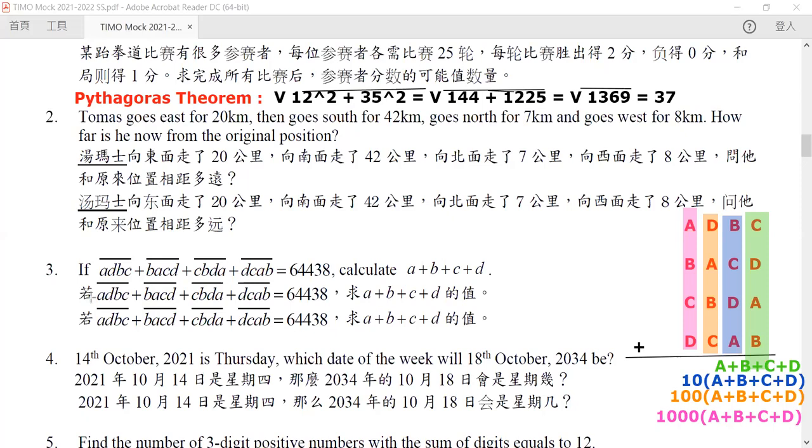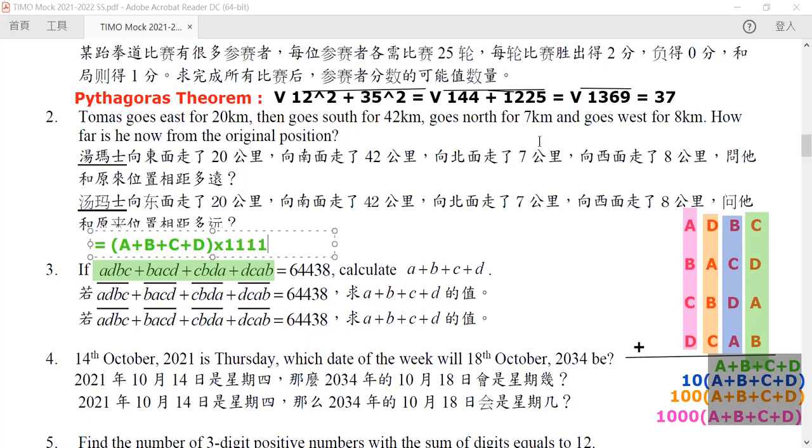But in reality, they all have a common factor here. They all have A plus B plus C plus D as a common factor. So we can take them all out, and hence this number will be exactly equal to A plus B plus C plus D times 1111.